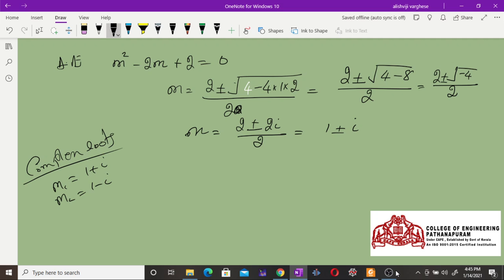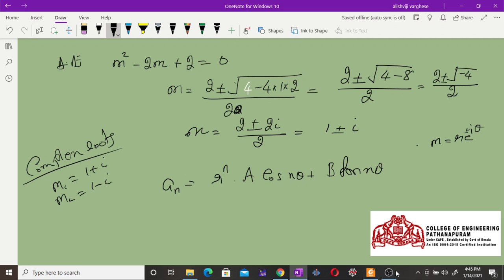Since they are complex roots, the solution is of the form a_n is equal to r raised to n into a cos n theta plus b sin n theta, where the root is of the form m is equal to r e raised to i theta, or plus or minus i theta.